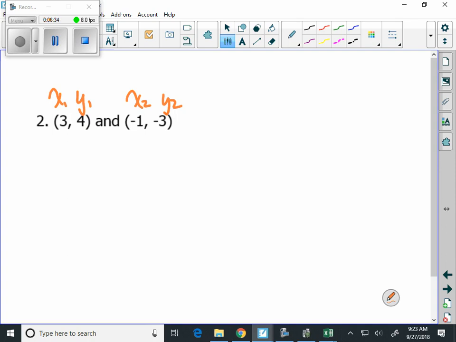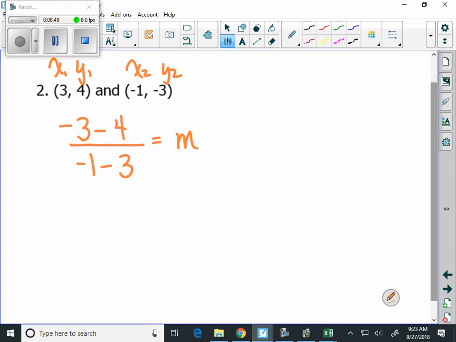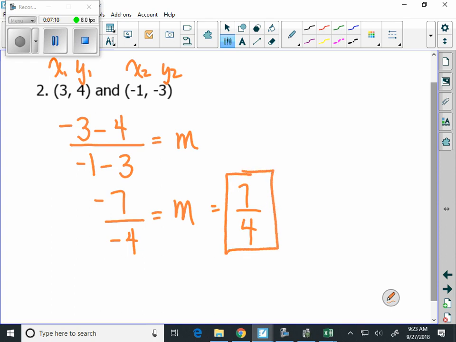But once you know it, y2 minus y1 over x2 minus x1 equals our slope. Slope abbreviated as m. Then we do that calculation. Negative 3 minus 4 is negative 7. Negative 1 minus 3 is negative 4. And don't leave it as negative 7 divided by negative 4. Negative divided by negative is positive. So we really do want the 7/4.